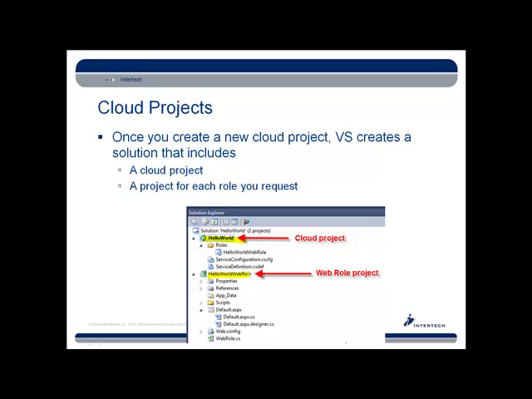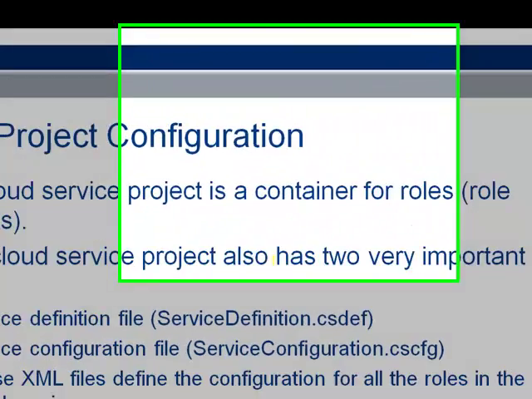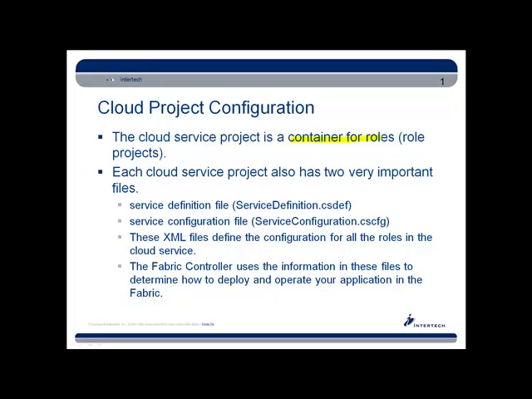Now the cloud project that we created essentially serves as a container for all of the roles we create. You might have several web roles, you might have several worker roles as part of any particular project, depending on what kinds of user interface you have to have, what kinds of back-end processes you might have. They're going to communicate together to get the jobs your particular application needs accomplished. So you've got a container for all these different roles that you have.